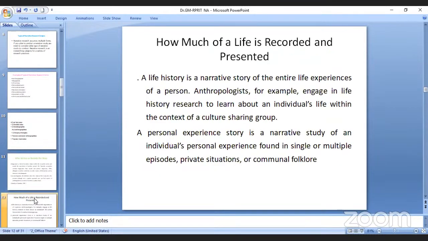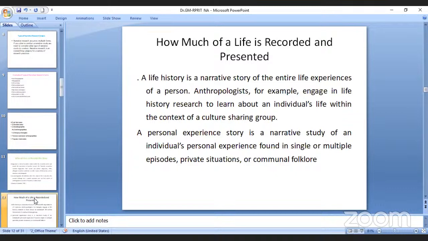Then how much of a life is recorded and presented? A life history is a narrative story of the entire life experiences of a person. It is a life history. Anthropologists, for example, engage in life history research to learn about an individual's life within the context of a cultural sharing group.